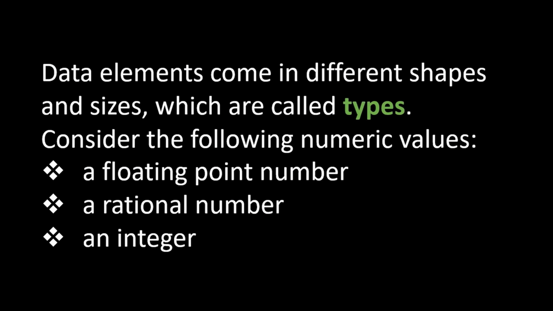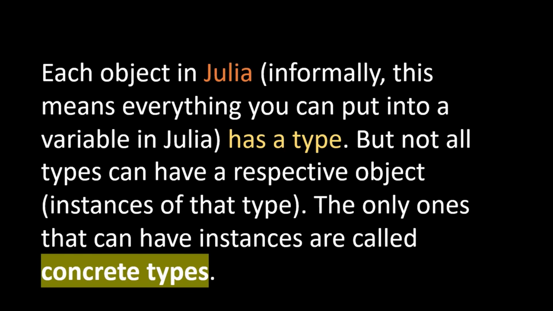Data elements come in different shapes and sizes, which are called types. Consider the following numeric values: a floating point number, a rational number, an integer. Each object in Julia, informally this means everything you can put into a variable in Julia, has a type, but not all types can have a respective object, that is, instances of that type.